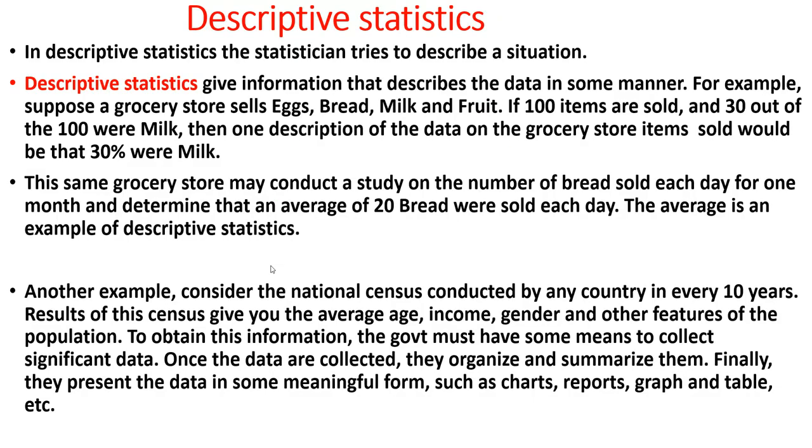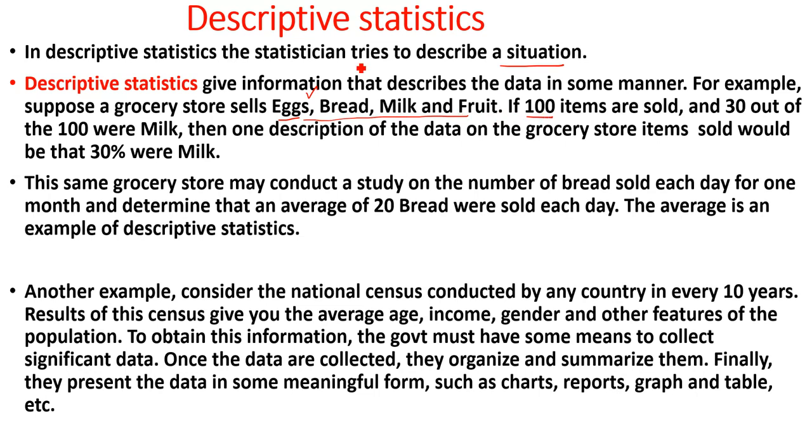Here I have written some detail of the descriptive statistics with some examples. In descriptive statistics the statistician tries to describe a situation. Now what is the meaning of describing a situation? Suppose a grocery store sells eggs, bread, milk and fruit. These are the four items, and in total they are selling 100 items. Suppose 25 are eggs, 30 are bread, 40 are milk, and the remaining are fruit.